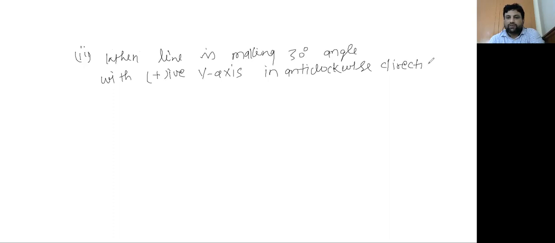Here we want to find the slope, but the angle is not given with the positive direction of x-axis. Here the angle is given with the positive direction of y-axis. So first we need to draw the figure. Then I think it will be easier to understand.